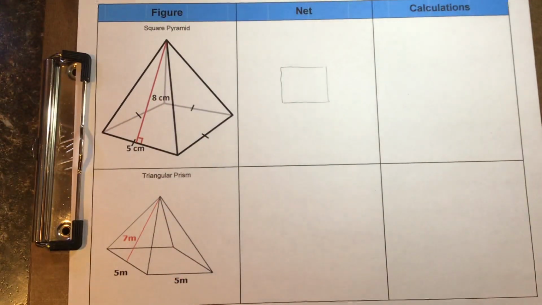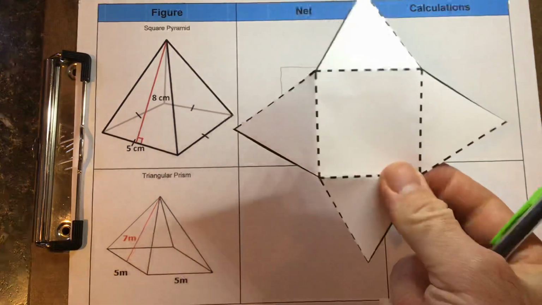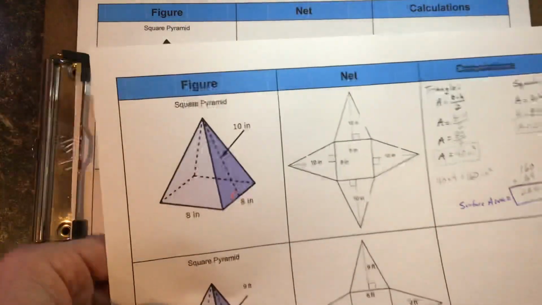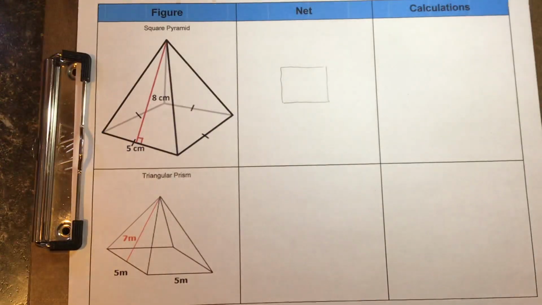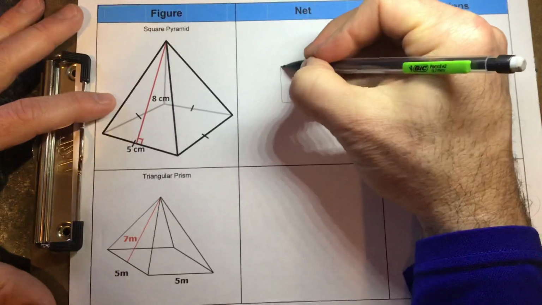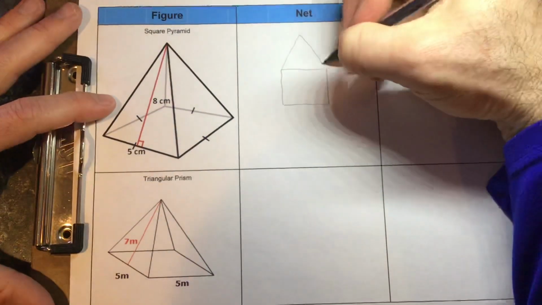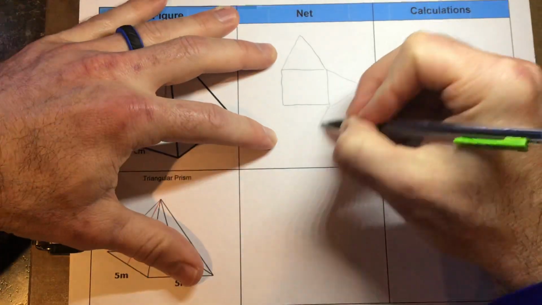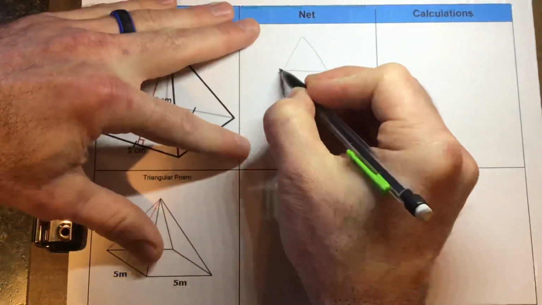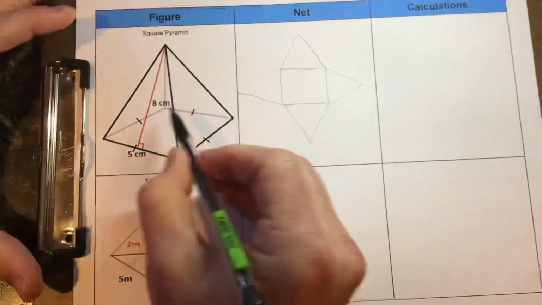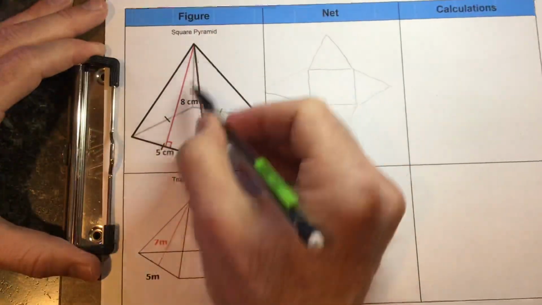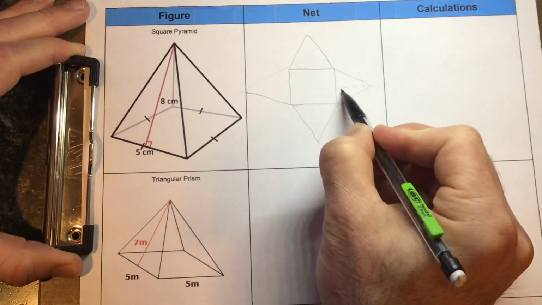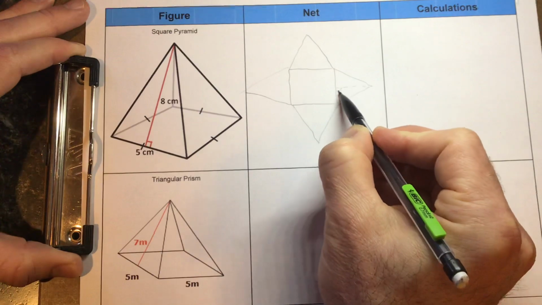All you have to do is make a square, and then you know the 4 remaining sides, just like when we unfolded the net, are triangles that share that same base. So I'm just going to build a triangle off of each edge. And if you wanted to get real fancy, you know that this slant height of the pyramid matches up with the height of any one of these triangles, so you could draw in this little right angle.